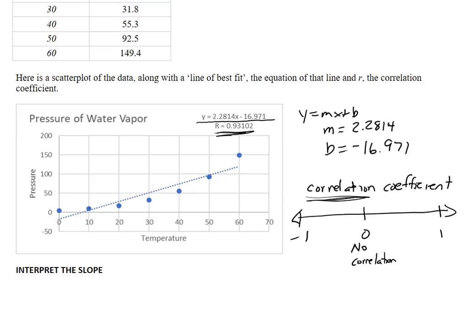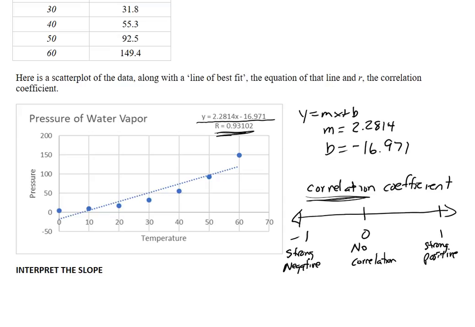Anything close to here is strong positive correlation, and anything over here is a strong negative correlation. And the closer the number gets to 0, the weaker the correlation is. So we have maybe a moderately strong and then a weak positive, and we have a moderately strong negative and a weak negative.